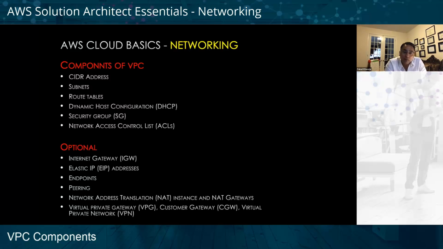Now, these are the very important components, right? The other optional components are Internet Gateway, Elastic IP address, endpoints, peering, and network address translation, NAT instance, and virtual private gateway. Now, Internet Gateway is used whenever you have a private subnet and you want to allow your private subnet, let's say for some installation on an EC2 instance which is sitting behind your private subnet.